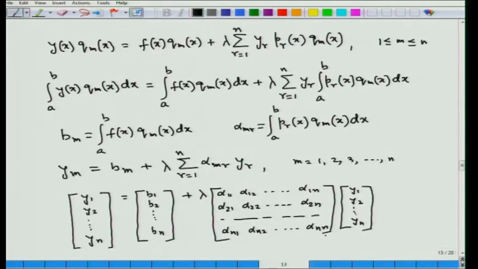Now, this matrix equation is nothing but a system of linear equations.